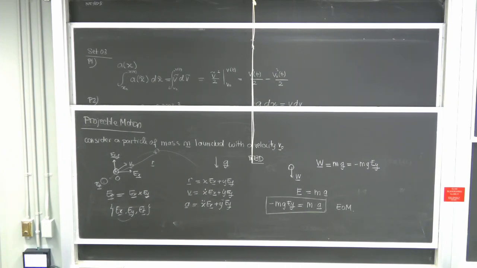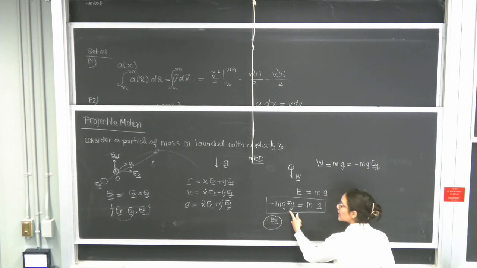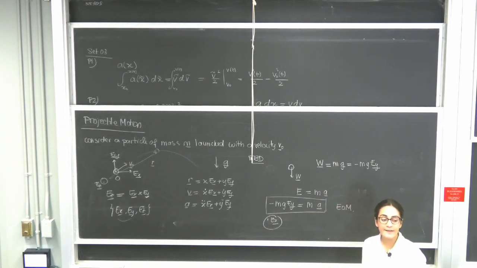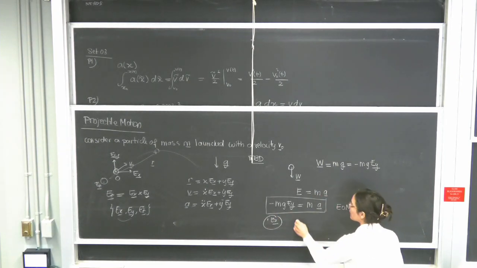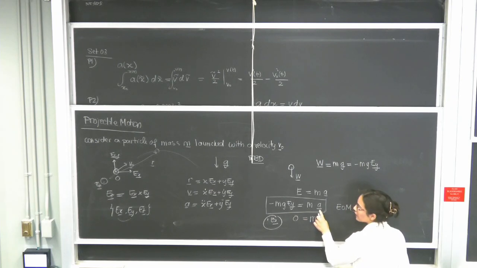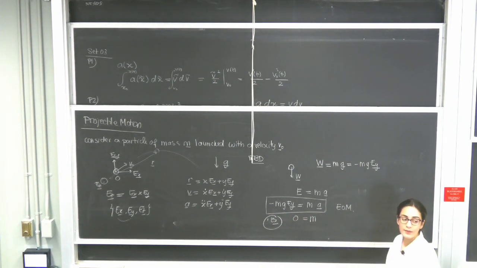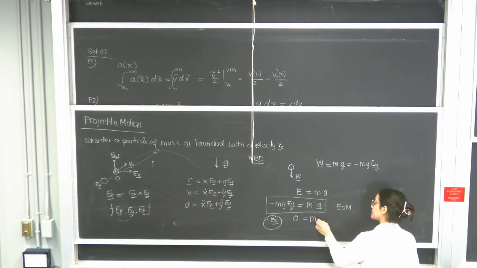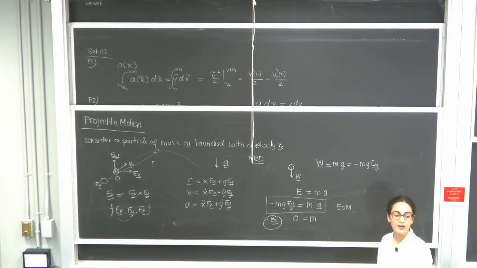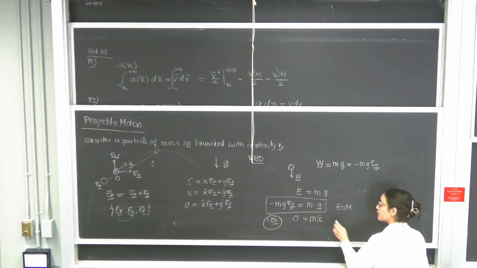Okay? So I can project along Ey, or along Ex. What will I get from this side if I project along Ex? 0. And what about the other side? Recall the expression for A. On this side, what will I get if I project along Ex? X double dot.